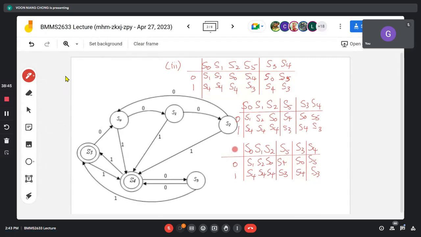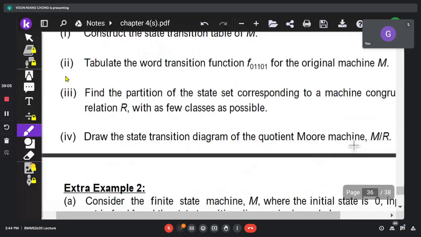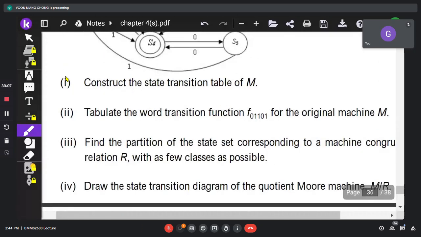Then you can draw already, right? I think the other part you can do already. This one, tabulate the word transition function of F 0, 1, 1, 0, 1. This one you put all the states, find all the states and draw the state transition diagram with the quotient machine. So you already divided, just now, into 4 classes.